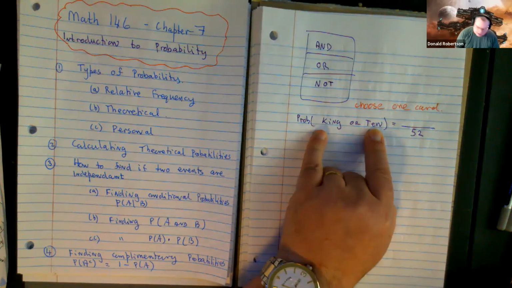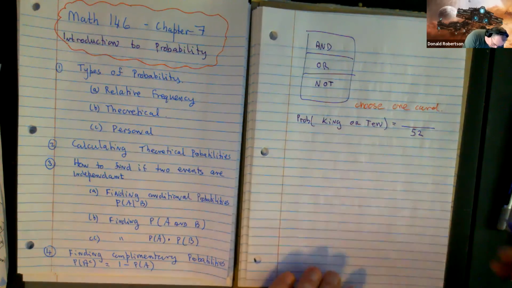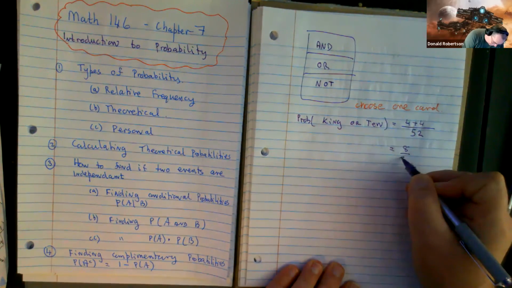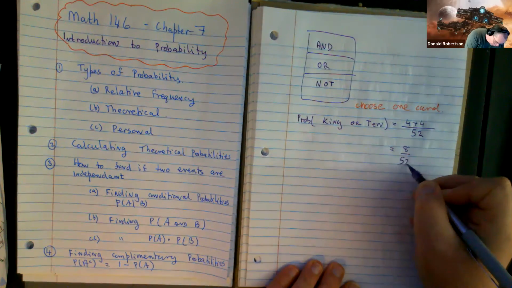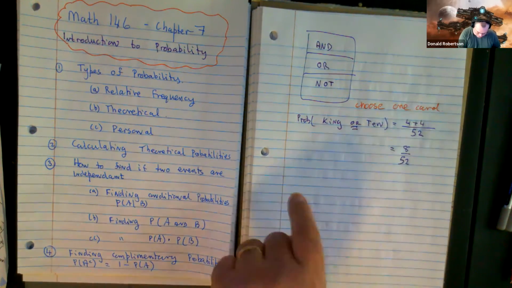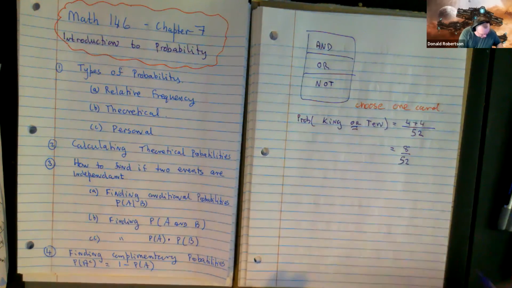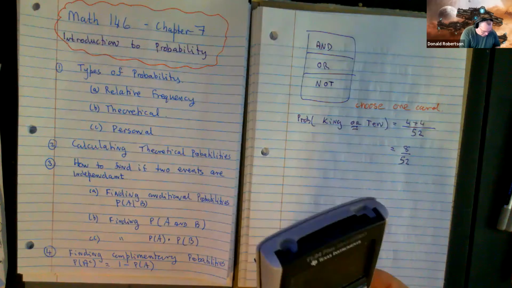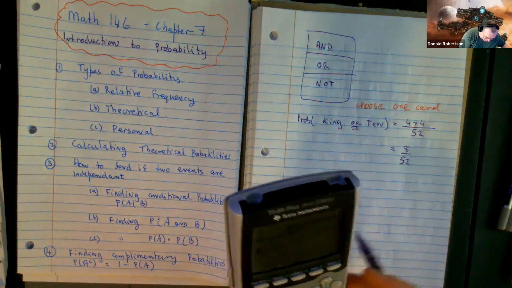So 4 add 4 gets you 8 out of 52. Are we comfortable about what the word or just means? It's one or the other, right? Now that simplifies down, and I'm taking no chances here. I'll just let the calculator do it. It's 2/13.